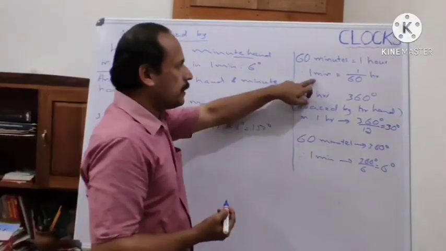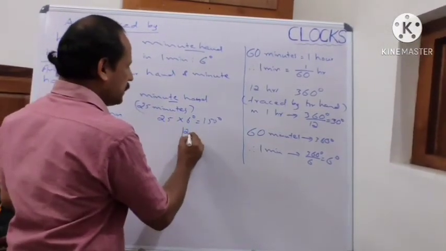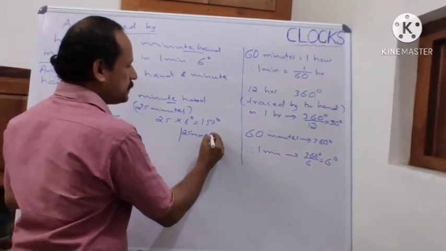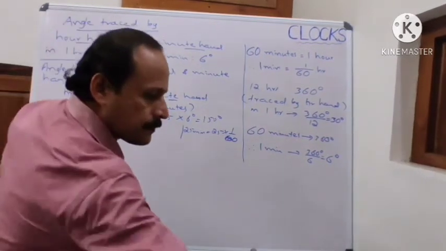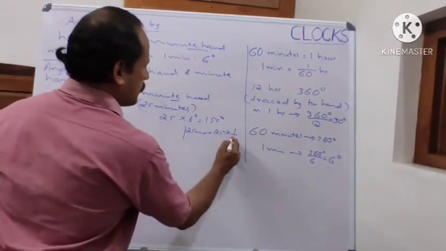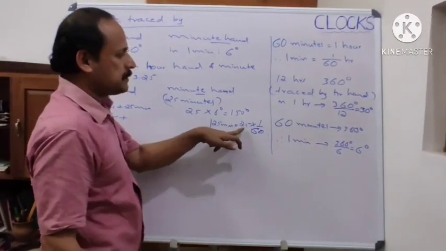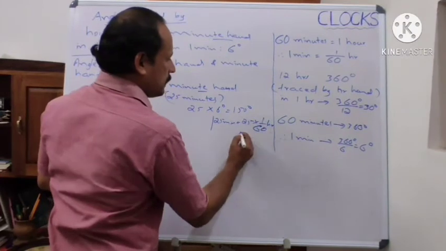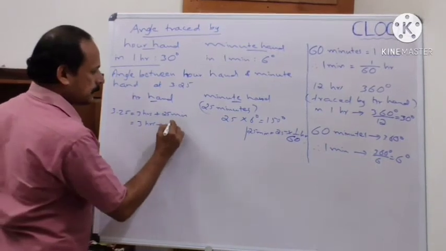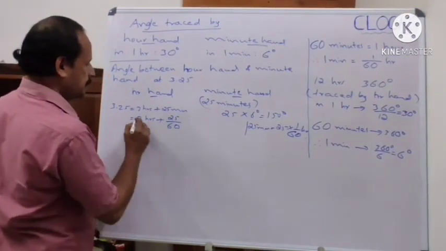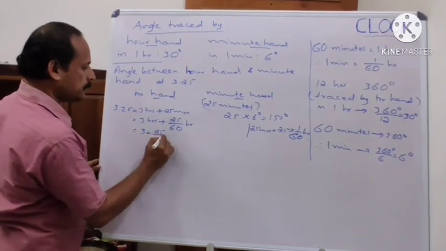We know that 1 minute equal to 1 by 60 hour. Therefore, 25 minutes equal to 25 into 1 by 60 hour. And therefore, here 3:25 means 3 hours plus 25 by 60 hour. And this is equal to 3 plus 25 by 60.